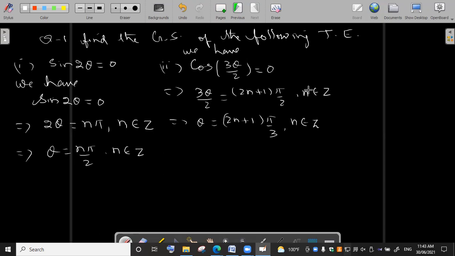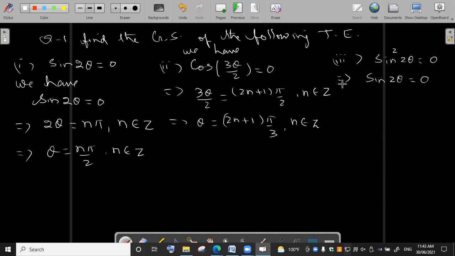But if you have a square, I am telling again that the right hand side is 0. That is why this square will be solved like this only. Otherwise, if it is a square on both sides with some value, then we have another formula. So sine square 2 theta is equal to 0. That means we can take the square root of the right hand side, because it is 0, and the square root of 0 is 0.